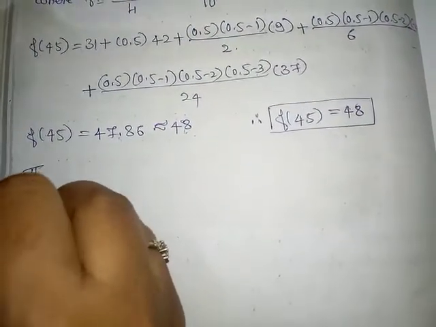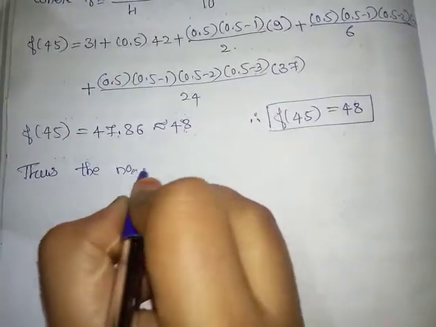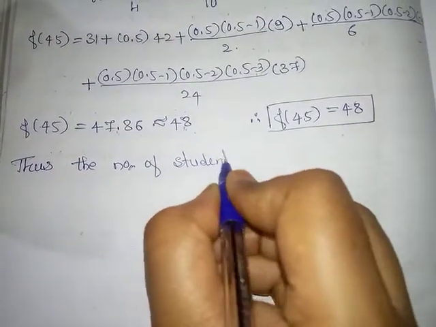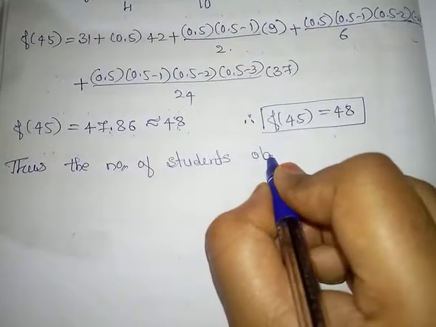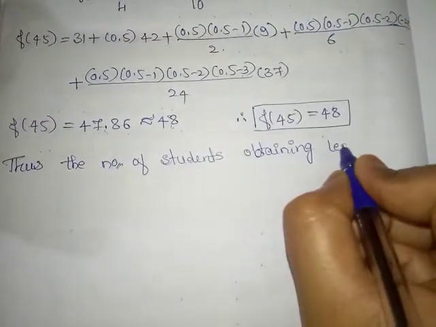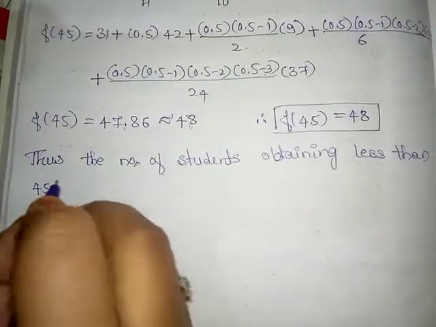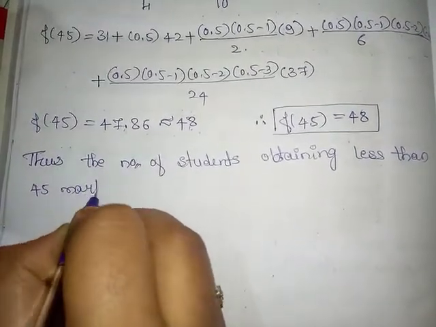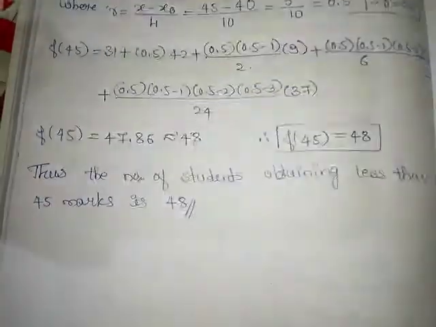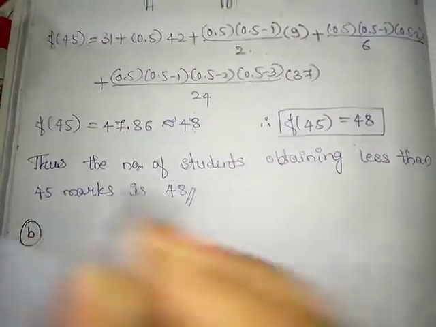Thus, the number of students obtaining less than 45 marks is 48. Next, to go through the second one, that is B.